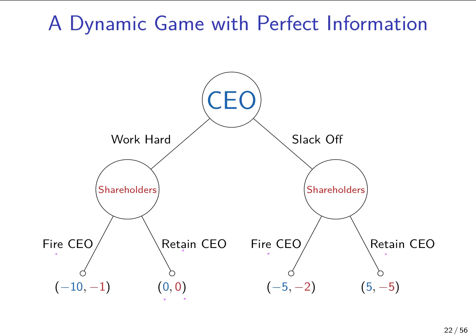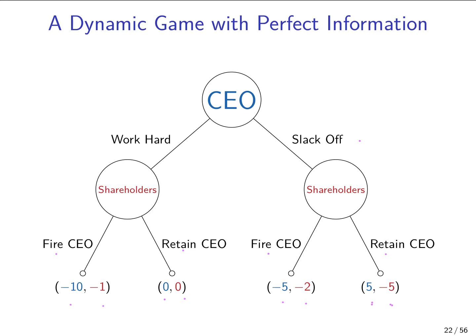If the CEO works hard and the shareholder fires the CEO, the CEO will lose 10, the shareholder will lose 1. If the CEO has been lazy, slacking off, firing the CEO would lead to -5 for the CEO and -2 for the shareholder. And if the CEO has been slacking off and the shareholder keeps the CEO, the CEO gets 5, the shareholder gets -5.